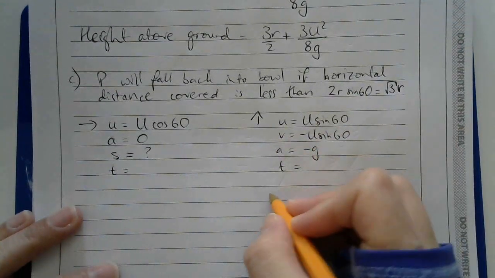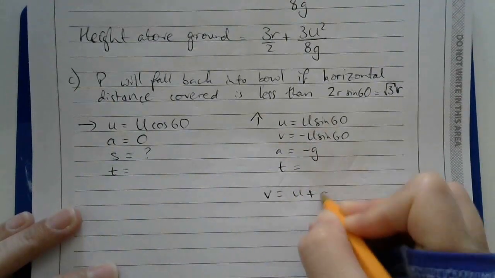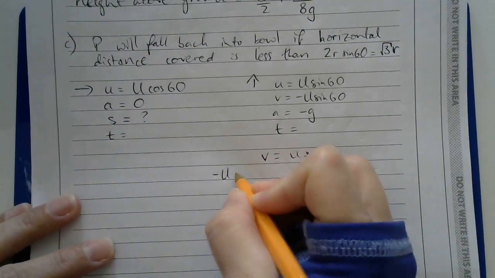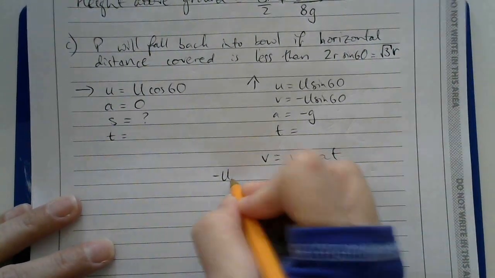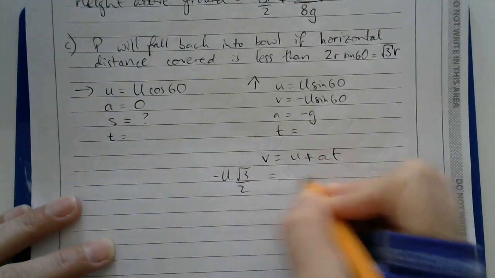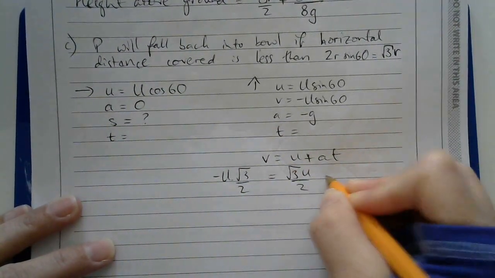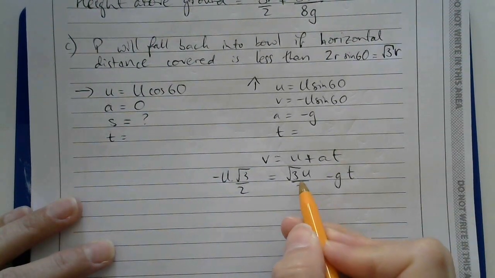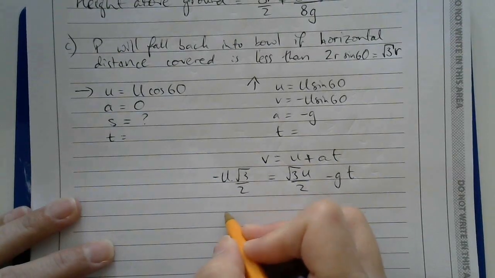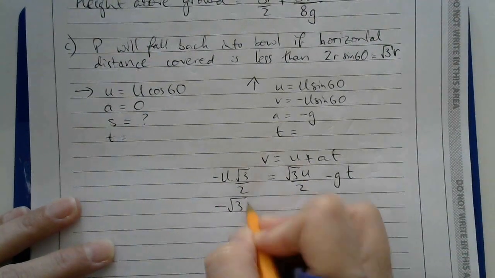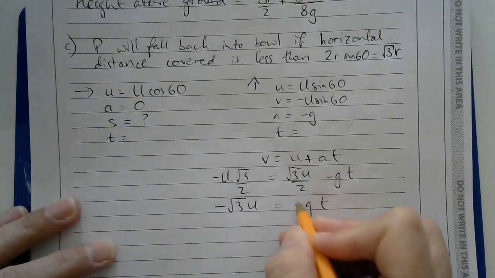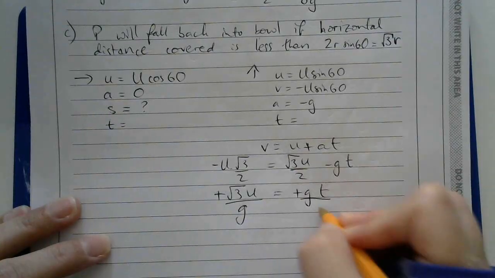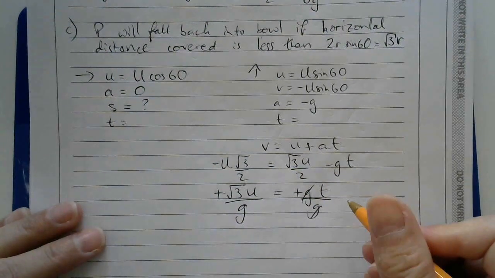So if I use v equals u plus at over here, then I get this. Sine 60 we said was root 3 over 2. Here I get minus g times t. So popping this over here, I get minus root 3 u equals minus gt. I'll multiply both sides by -1, and then I'll divide by g so that I just get what t is.